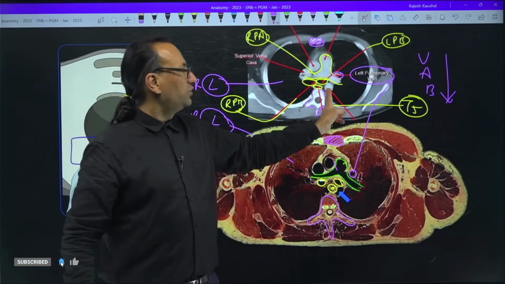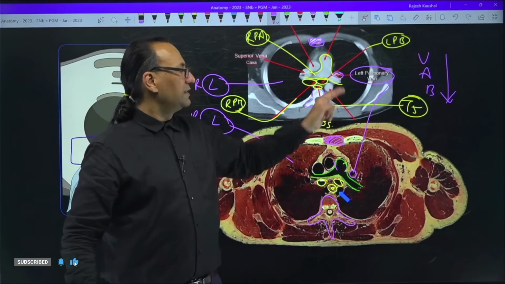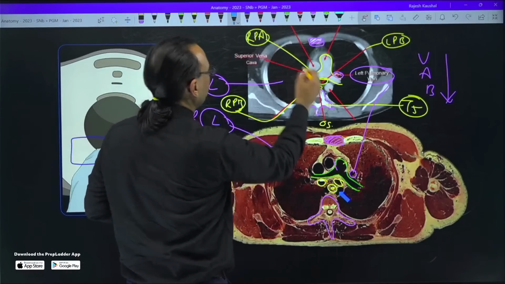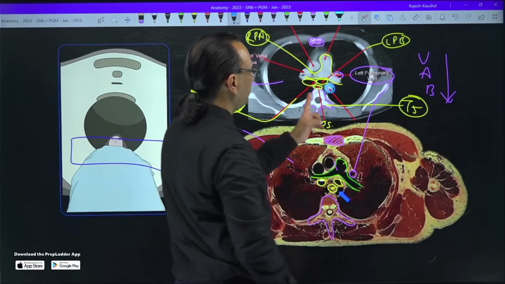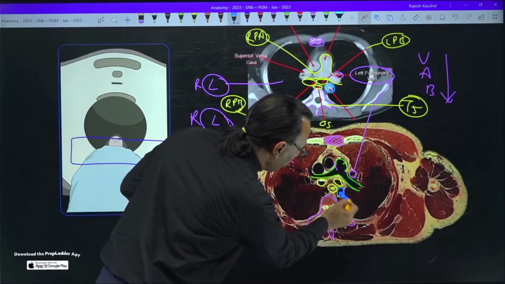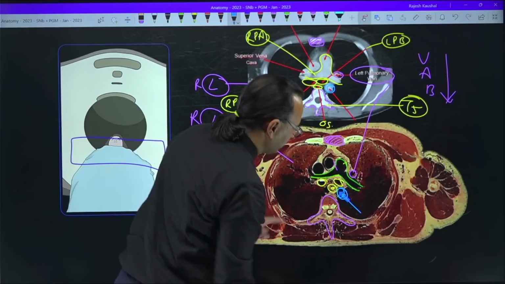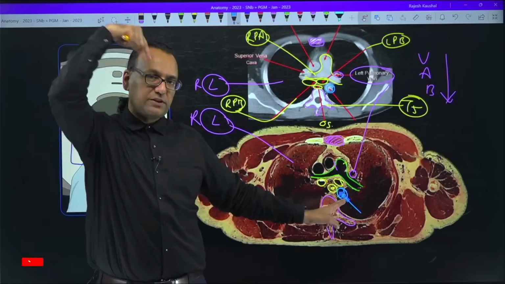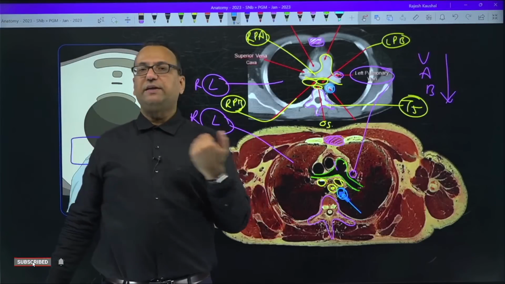Now what is this large vessel which is just to the left of vertebra here? This large vessel, the arrow mark is also there, is descending thoracic aorta. It is aorta which is descending, and it is to the left side.